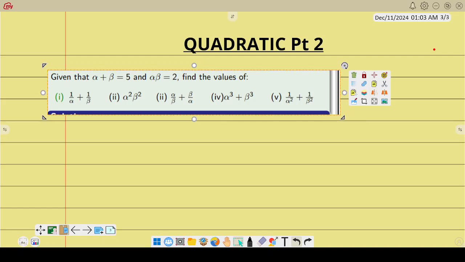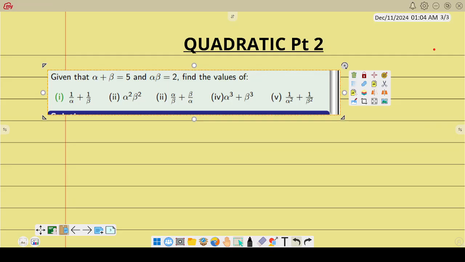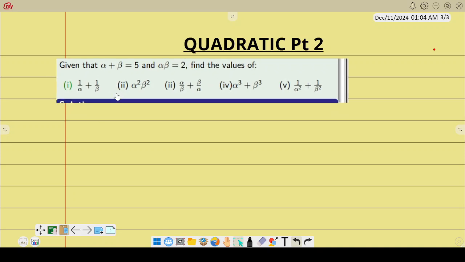So here is our example. We have given that alpha plus beta is equal to 5 and alpha beta is equal to 2. Find the values of these.